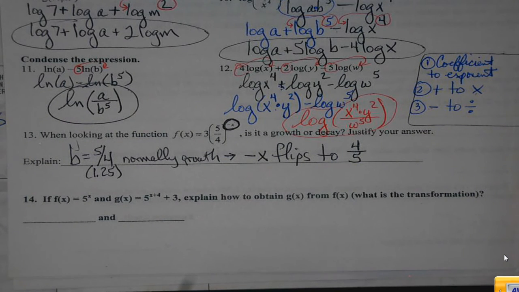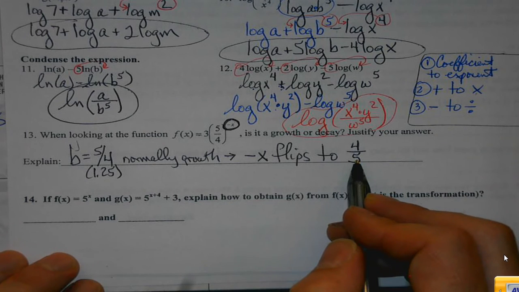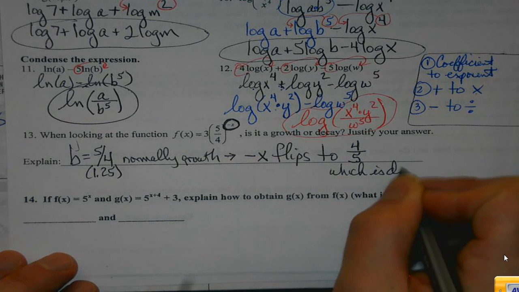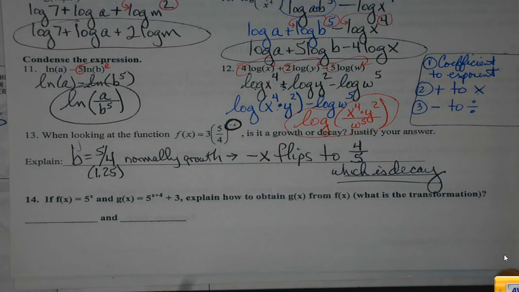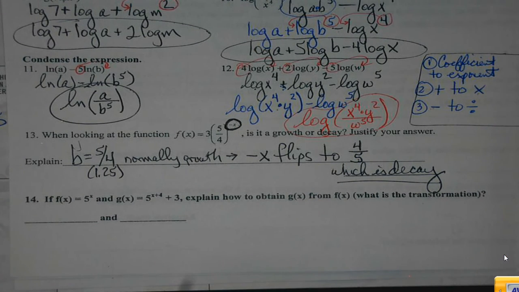Whatever's inside gets flipped. 4 over 5 is less than 1, which is decay. That's your justification. You can't just say, look at the calculator and say, oh, it's a negative exponent. That doesn't tell me. Because if it was this way to start, and I had the negative, now it would become growth.